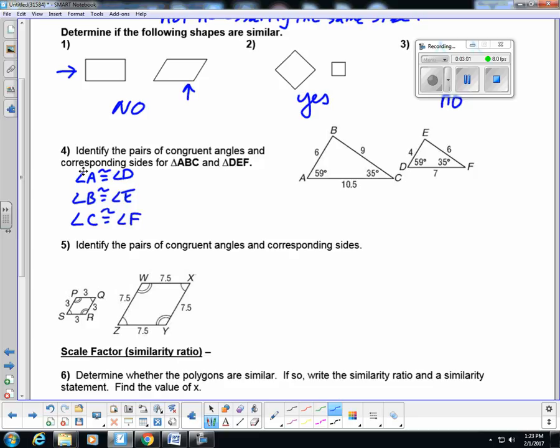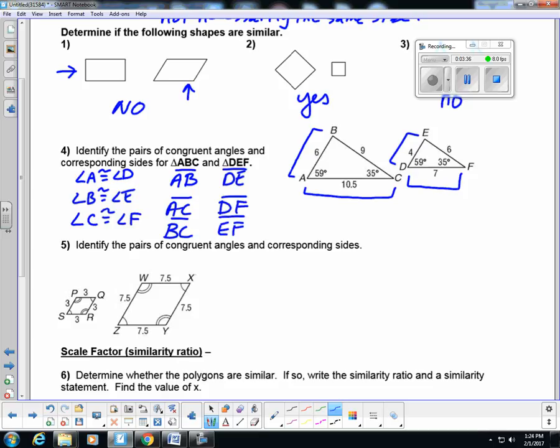So like segment AB, angle A and angle B correspond to angle D and angle E. So what that means is that AB corresponds to DE. And then angle A and angle C correspond to D and F. So that means segment AC corresponds to segment DF. And then the last one, BC, corresponds to segment EF. So if you can match up the congruent angles, then that'll in turn help you match up the corresponding sides.